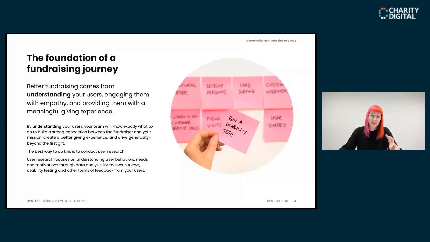Research itself can come in many different forms: looking at analytical data, sending out surveys or feedback requests, maybe holding interviews with your audience, or even testing the website directly with them, which is called usability testing. Usability tests and audience interviews especially can be hugely insightful and really give you that chance to speak directly to your users and build that bigger picture.